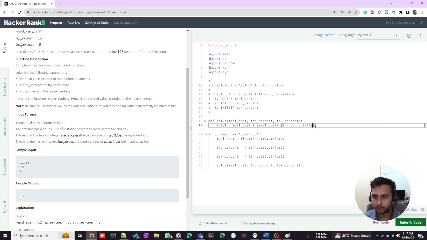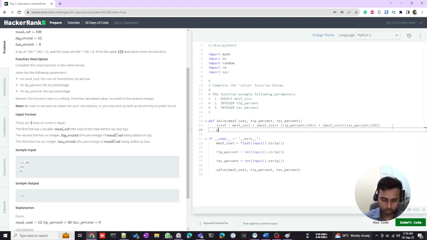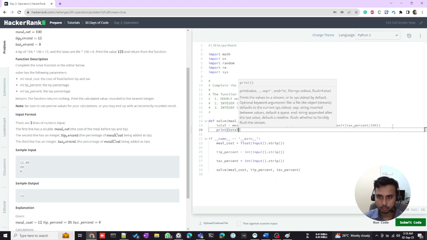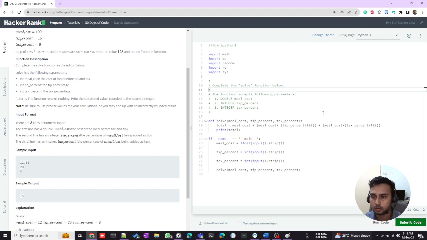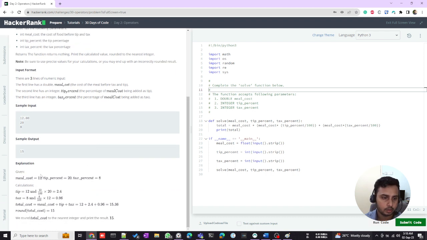Then we go on with the tax. For the tax percent we also need to divide by 100, so meal cost multiplied by the tax percent divided by 100. Now we have our total, then we can simply print the total. This should be it, more or less. Let's try it out.